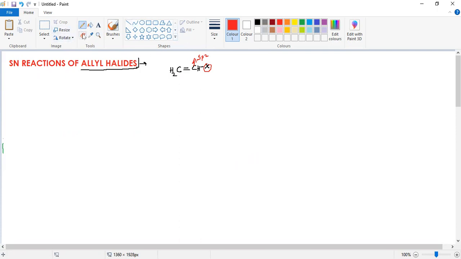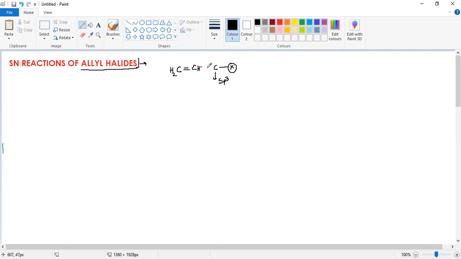What does it mean, allyl halide? The halogen atom is attached to an sp3 hybridized carbon.